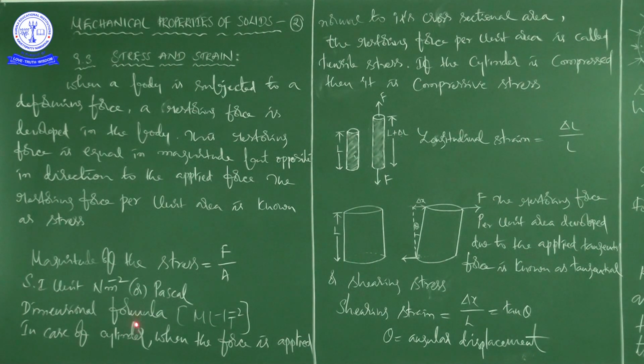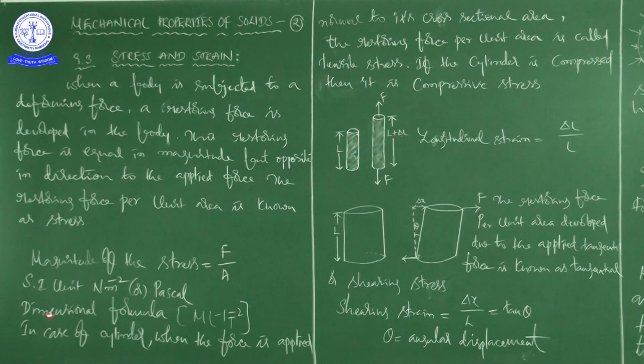Anyhow, the SI unit of stress is Newton per meter square or Pascal. Actually, Pascal is the name of a scientist. To honor the scientist's hard work, which helps our human life, we use his name as a unit, that is Pascal. So Newton per meter square or Pascal. You can also remember 1 Pascal is equal to 1 Newton per meter square.